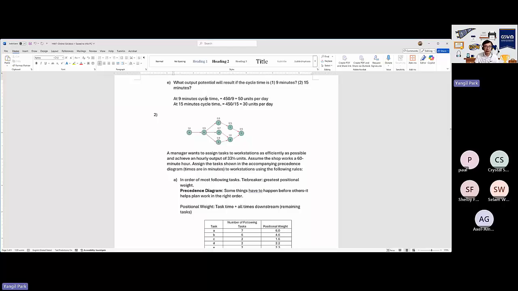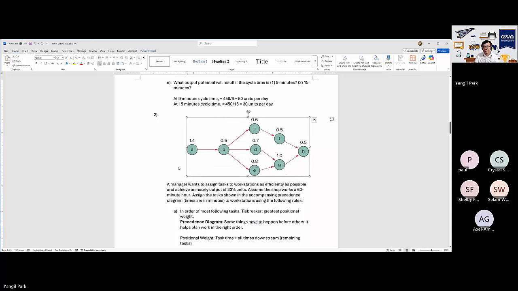The workflow goes following the arrows. The numbers show the time taken to complete the tasks.